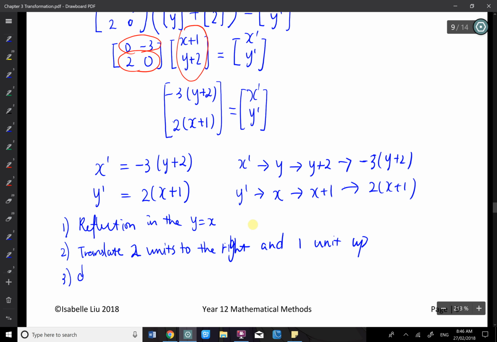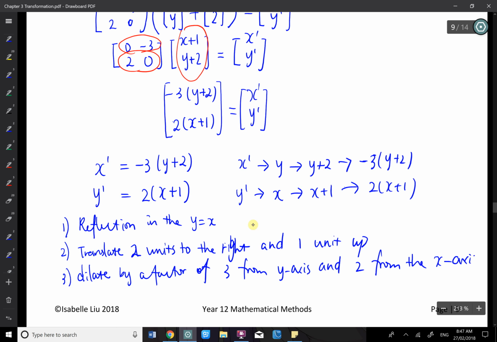And number 3 will be a dilation. There's a -3. So I can say there's a dilation by a factor of 3 from the y-axis and 2 from the x-axis. And number 4 is a reflection in the y-axis.